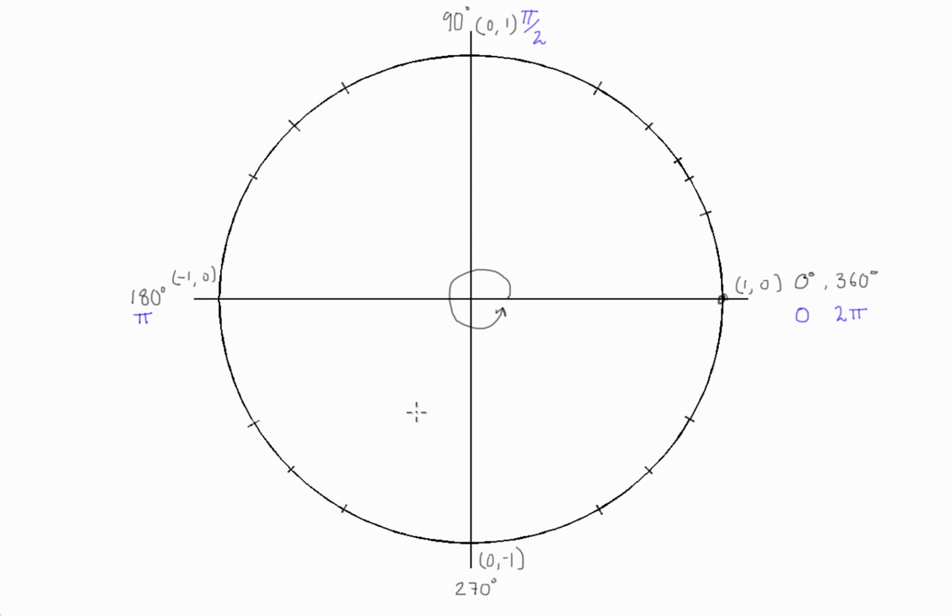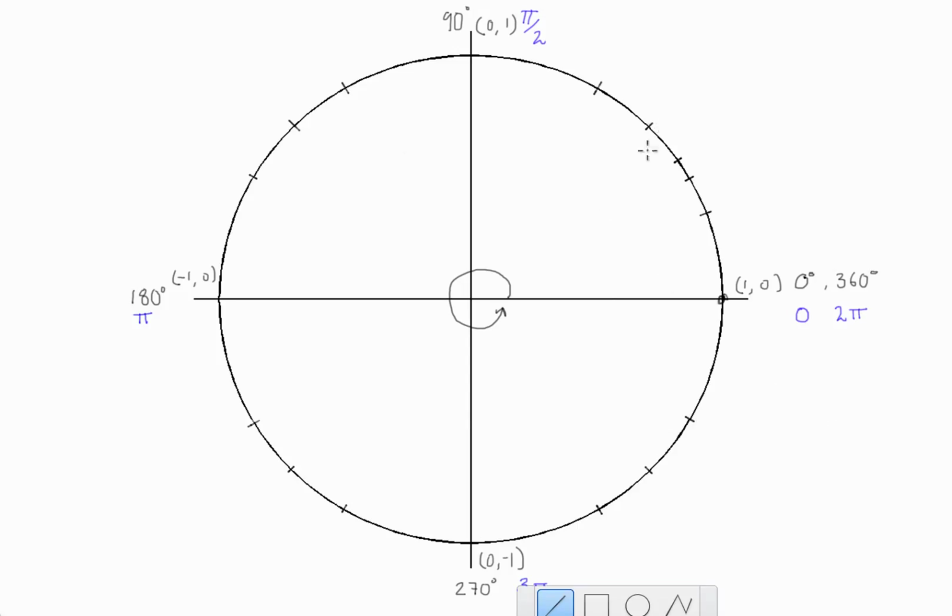Again, same logic. 270 is halfway between pi and 2 pi, so the radian measure which corresponds to 270 is going to have to be 1.5 pi, which written as a fraction is just 3 pi over 2. Now we've got our 4 quadrants sorted out.